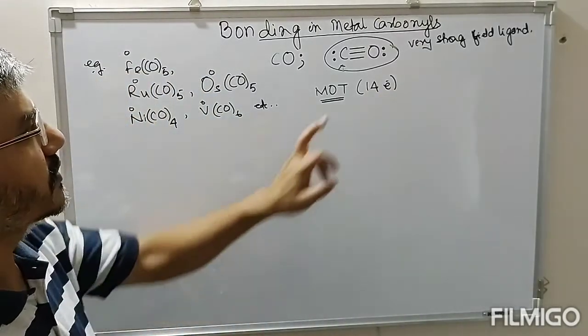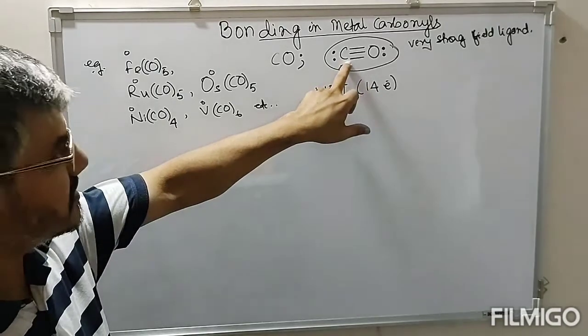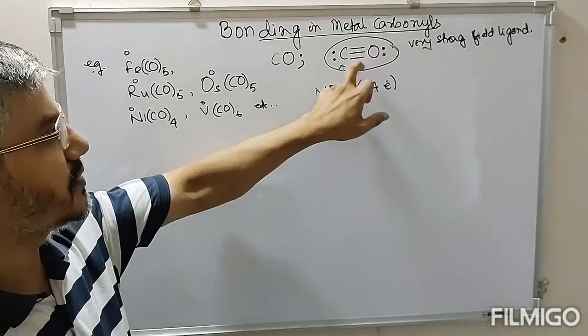Total number of electrons in carbon monoxide is 14.